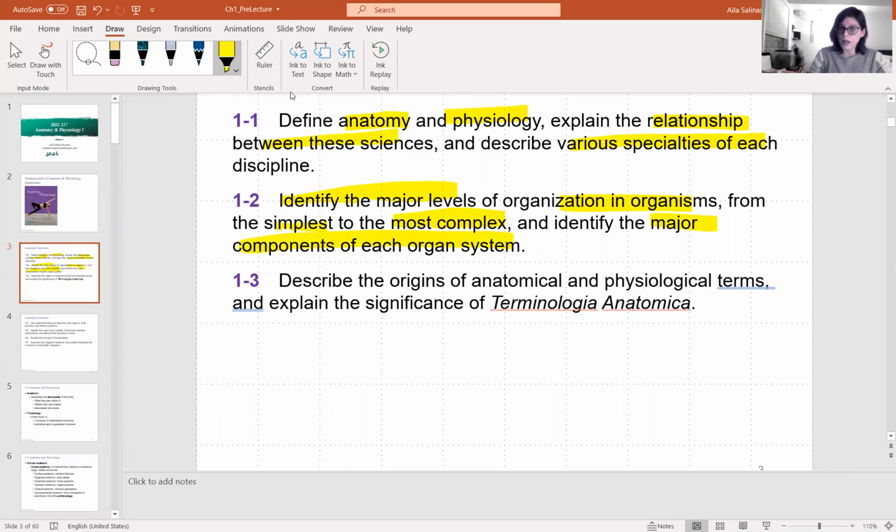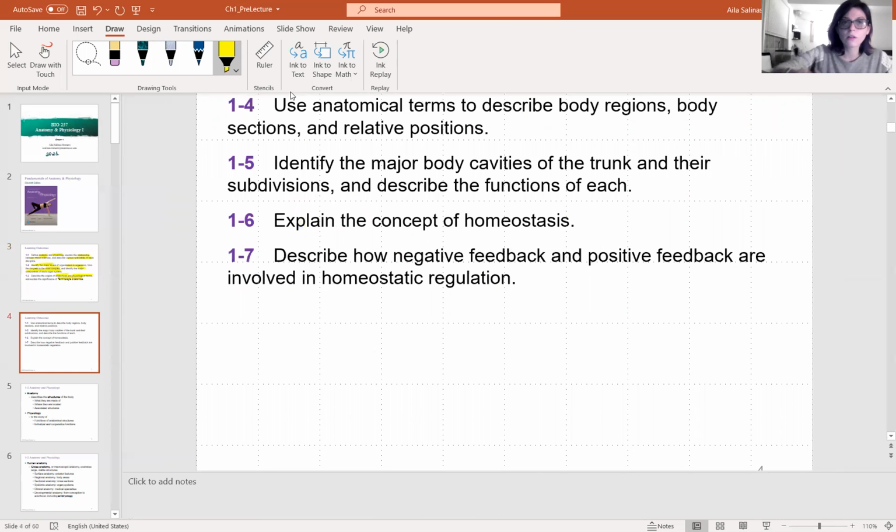We will describe the origins of the anatomical and physiological terms that we will call terminologia anatômica. We will start using the correct anatomical terms to describe our body regions and sections, also the relative positions.